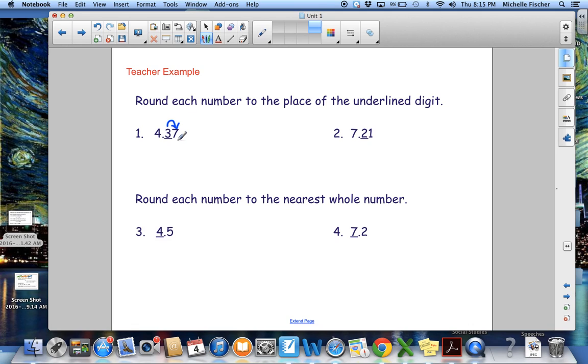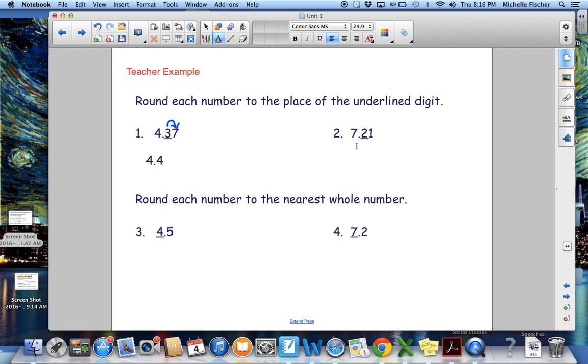Well, I know that 7 is greater than 5, so that means I have to go to step 2, where I add 1 to this digit, which means I'm going to get 4 and 4 tenths. Because then I go to my step 3, which is to drop that last digit. So I don't need to put that 7 down there.